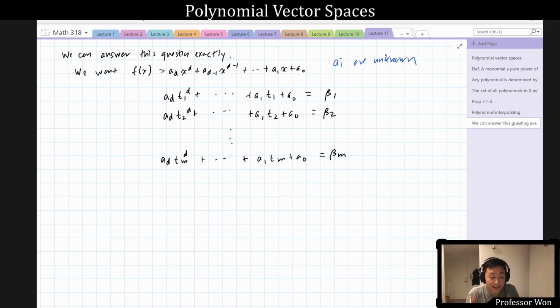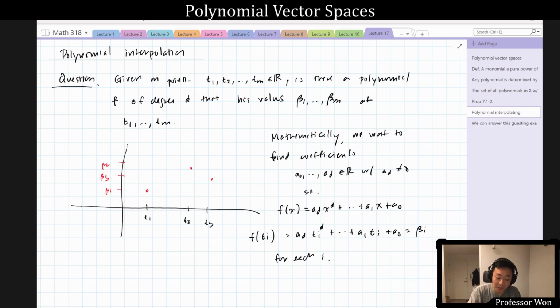But hopefully you can recognize this as a system of linear equations in d plus 1 variables, where here the ai's are the unknowns, and the ti's and the beta i's you know, right? You know what these points are. You're asking, does there exist a polynomial through them? That means you know the ti, you know the beta i.